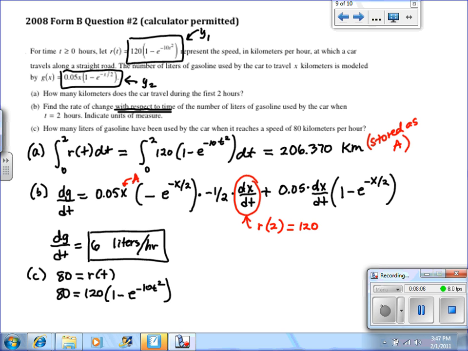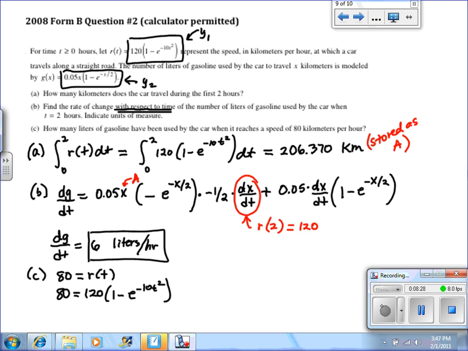Still really close. Maybe my window -2 to 2. And then it looks pretty good. Okay, it's crossing the line y equals 80. So I'm going to find the intersect.